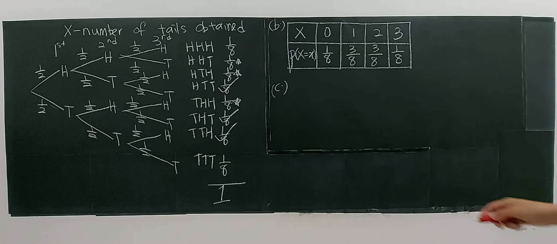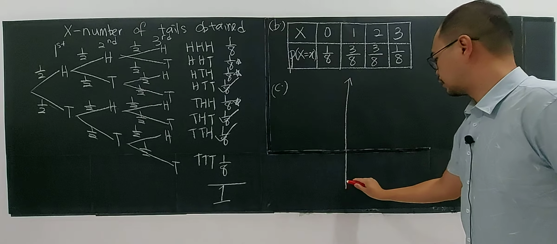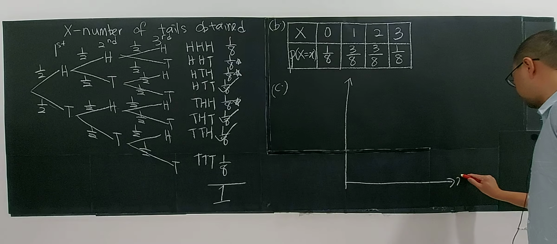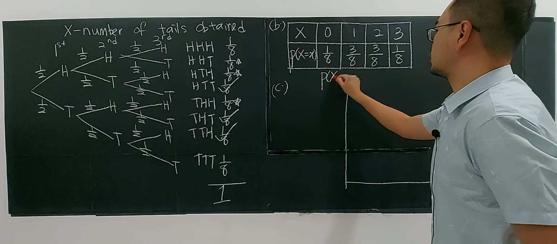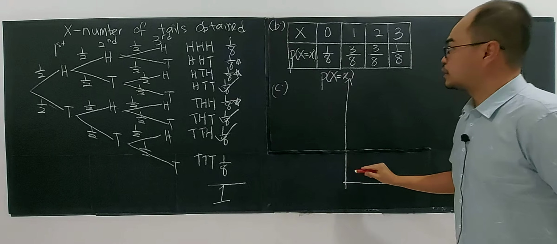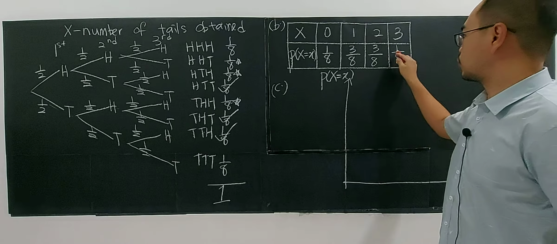As you know that X is a discrete random variable, the graph will look like this. So this will be the random variable, and this will be P(X=x). As the probabilities, you have 1 over 8, 3 over 8, 3 over 8, and 1 over 8.